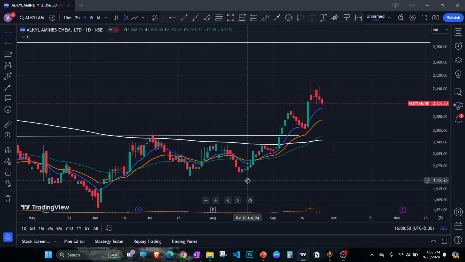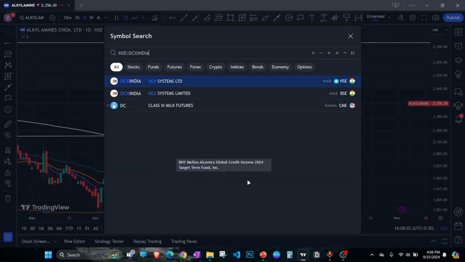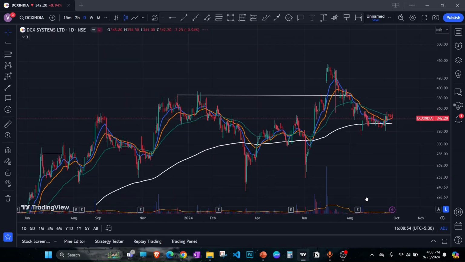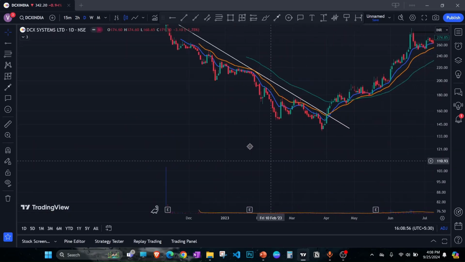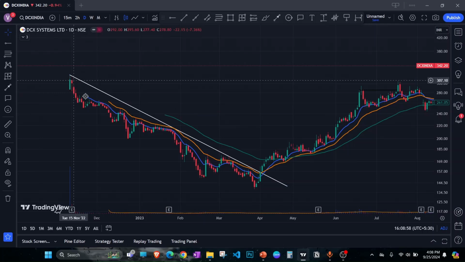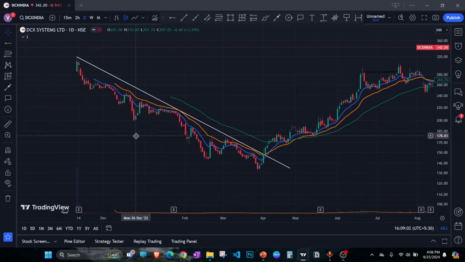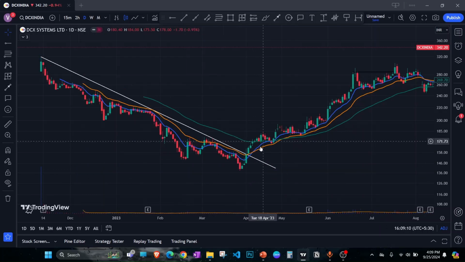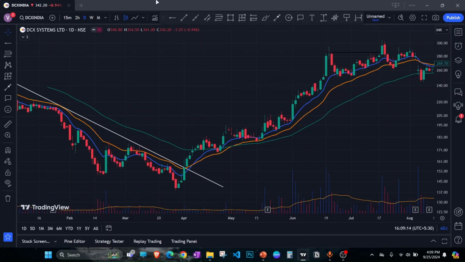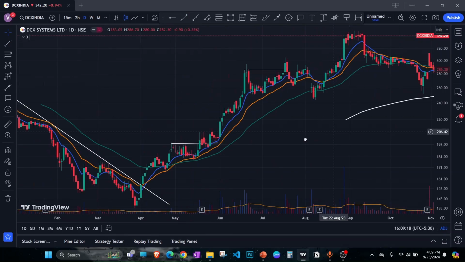and this one, this and PGEL, DCX Systems, and PG Electroplast worked really, really well. So again, here if you see, after the IPO, the stock was in a downtrend, and then the intensity of the downtrend kept on decreasing, right? And then you see the price coming up above all the moving averages, and there was a cluster, and then there was a good entry point at multiple levels, and see how beautifully it moved.